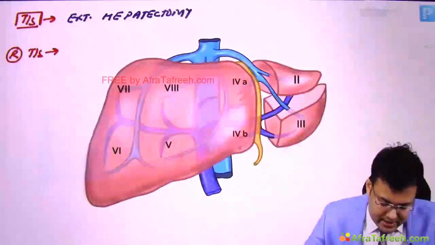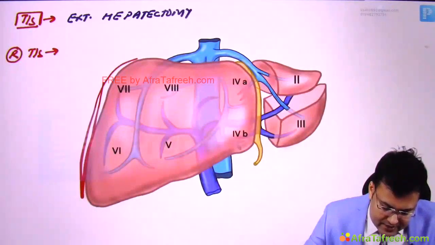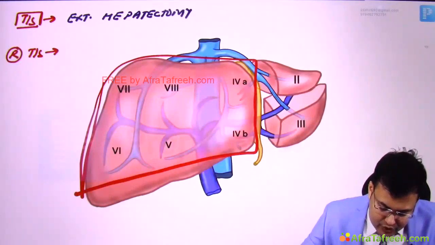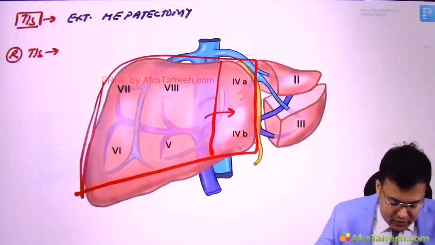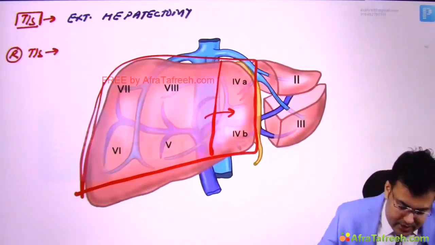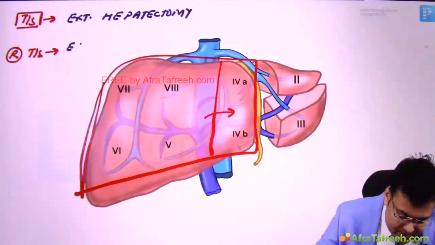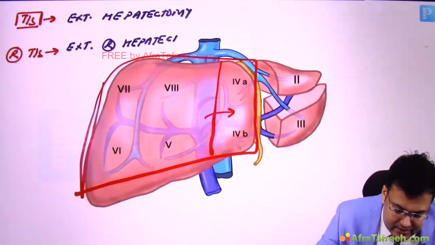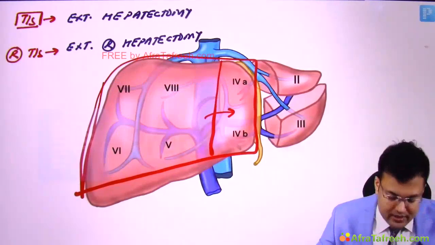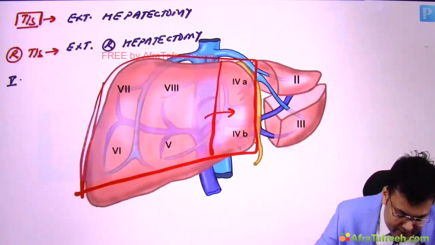So here you can see, apart from 5, 6, 7, 8, I am going to remove what? Additional what? 4A and 4B. So right trisegmentectomy is also known as extended right hepatectomy, and in this extended right hepatectomy I am going to remove segment 5 to segment 8 plus 4A and 4B.